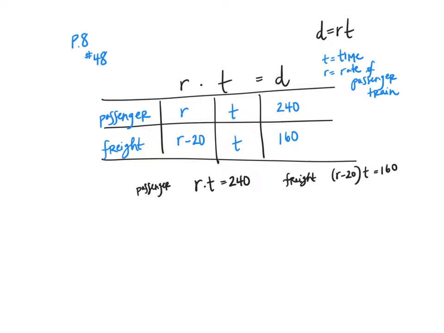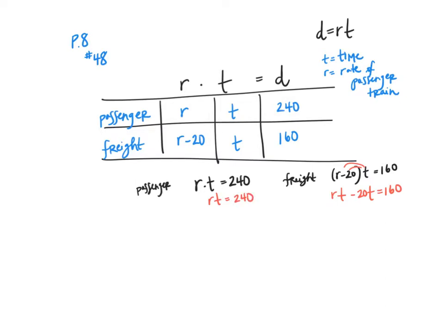Then I am going to distribute that T, and so that gives me RT minus 20T equals 160.